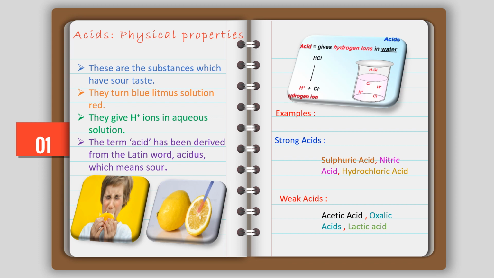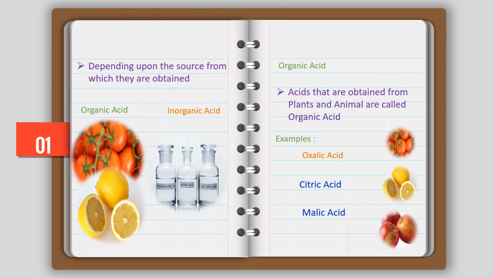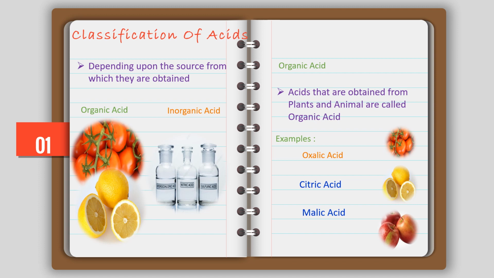Examples of strong acids are sulfuric acid, nitric acid, hydrochloric acid. Weak acids are acetic acid, oxalic acid, lactic acid. We will discuss the classification of acids.